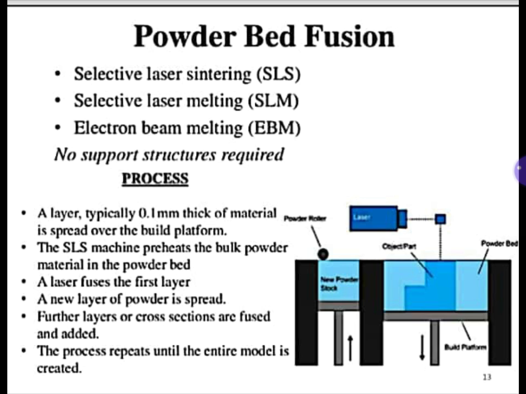After that, the selective laser sintering machine preheats the bulk powder that is spread onto the build platform, and next the laser is going to fuse the first layer that is deposited on the build platform, and then it is going to cure the first layer, that is the powdered layer.